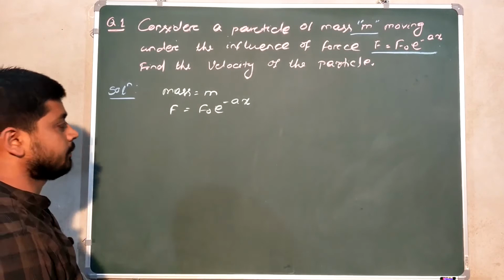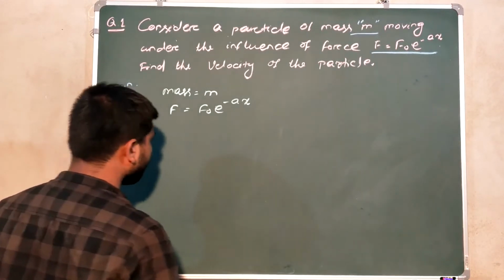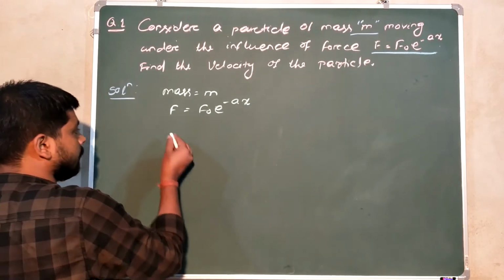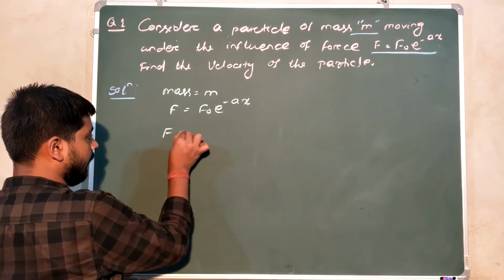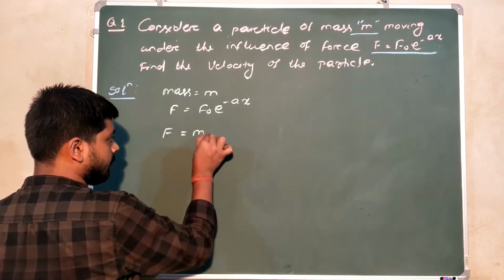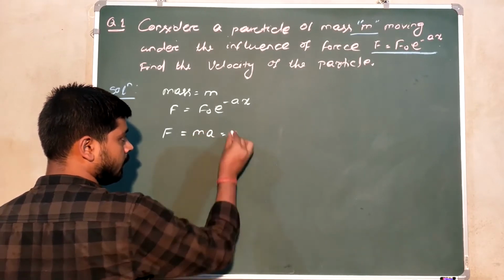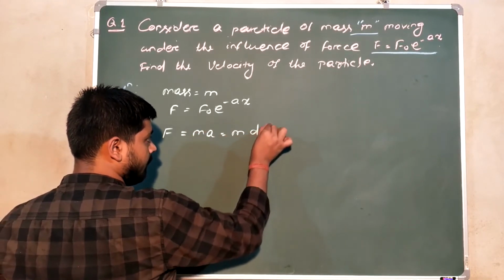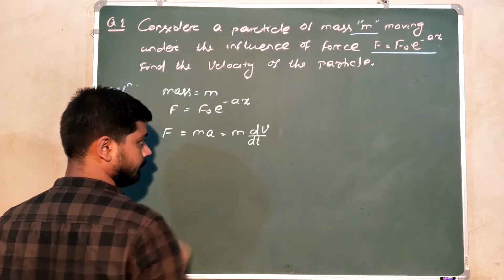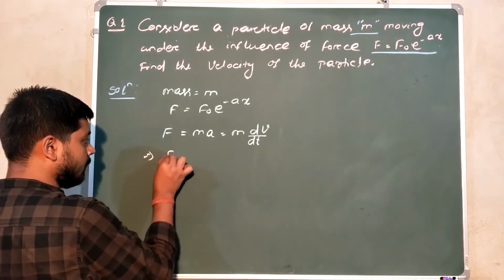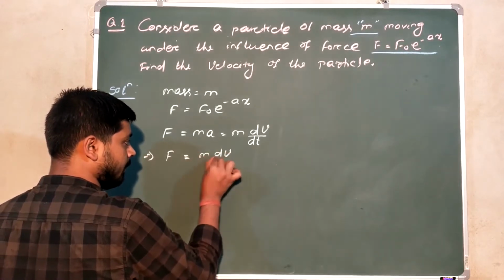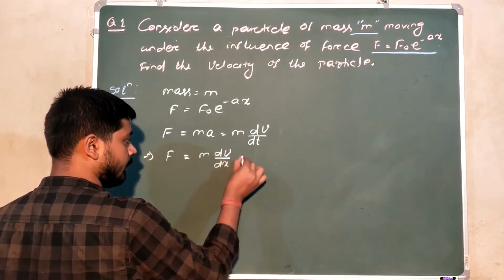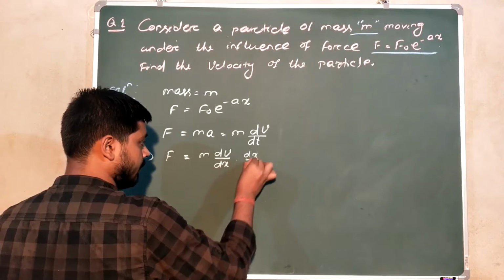How do we solve this? We know F equal to mass into acceleration equal to m dv by dt. By further simplifying, we get F equal to m dv by dx into dx by dt.